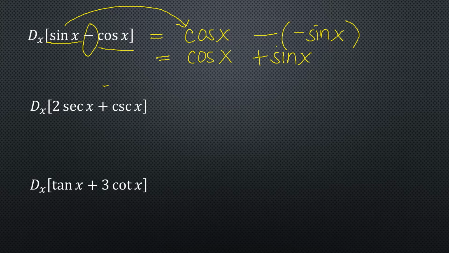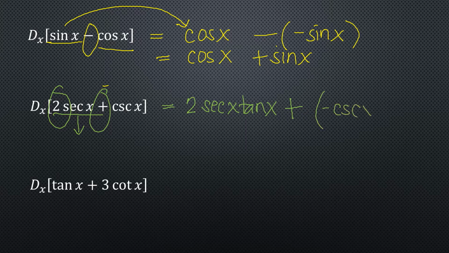On the second example, we have the derivative of 2 secant x plus cosecant x. There is an operation plus here, so we have to separate and add the derivatives of these two. The derivative of secant x is secant x tangent x. We have here the constant 2, so we need to place 2 here. The derivative of cosecant x is negative cosecant x cotangent x.